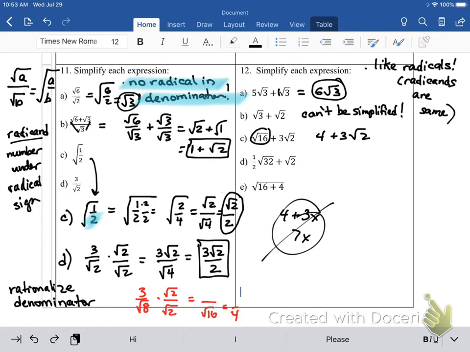Okay, D. Not like radicals, so are we stuck? Not this time. I can actually use my rule of simplification to break down square root of 32, and if it ends up with a square root of 2, hint hint, we will be able to go. So watch what I'm going to do here.